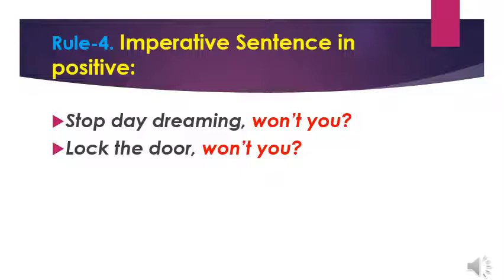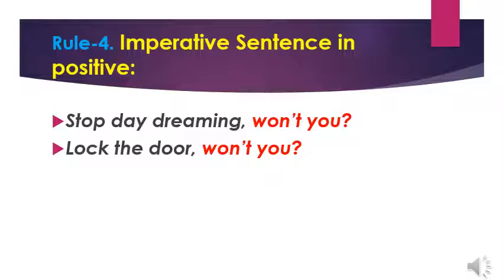For example, stop daydreaming. You know that imperative sentences usually lack subjects. The unseen subject in imperative sentences will always be you. So, there is no subject here, but we need to imagine that the unseen subject is you.